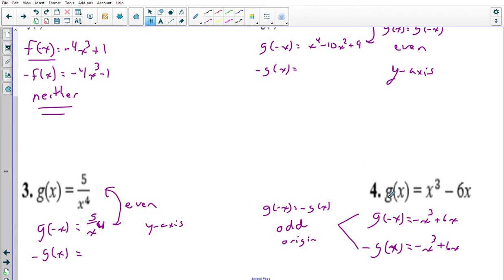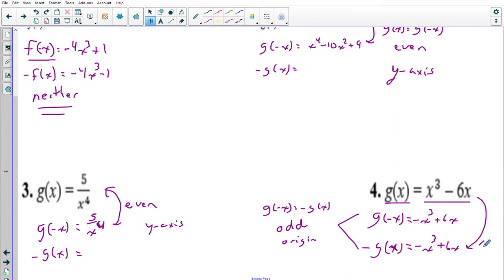If you look at number 4, again I'm going to try to find g of negative x. By putting in negative x for x, I get negative x cubed, and you get a positive 6x as you distribute that negative out. If you multiply negative 1 to the left side and negative 1 to the right side, you get negative g of x.